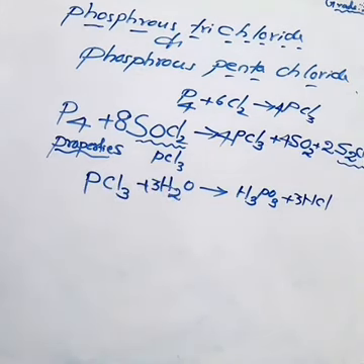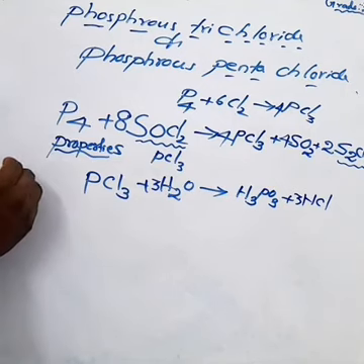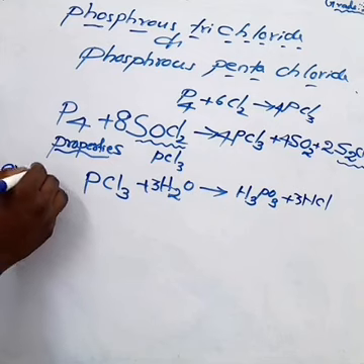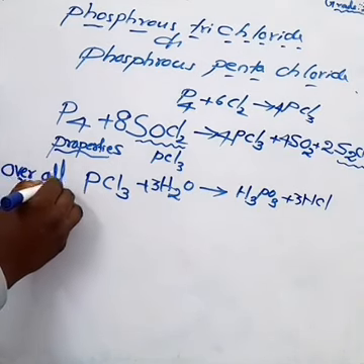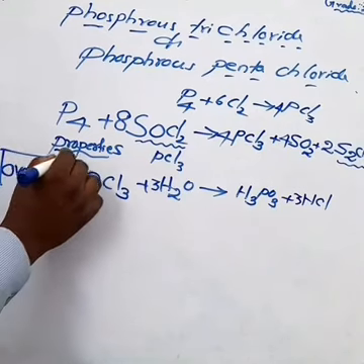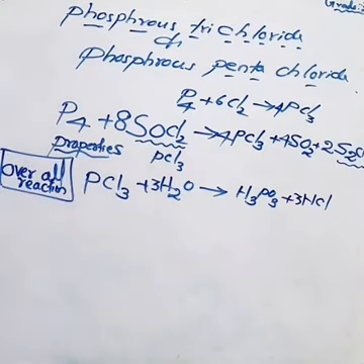This is the overall reaction of phosphorus trichloride with water, or otherwise we can say phosphorus trichloride undergoes hydrolysis. We get phosphorus acid and also hydrochloric acid.